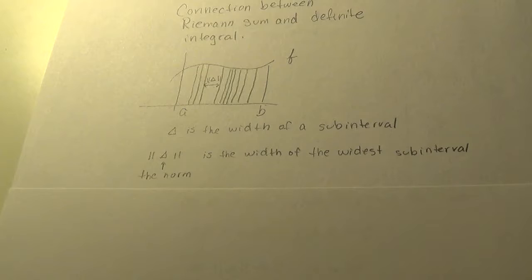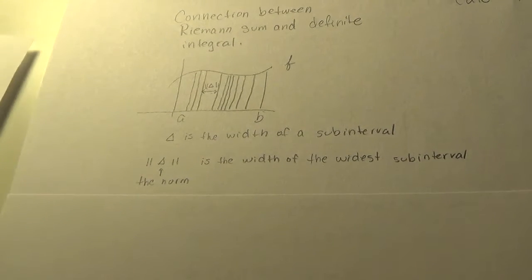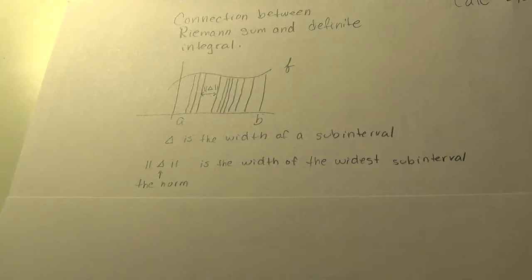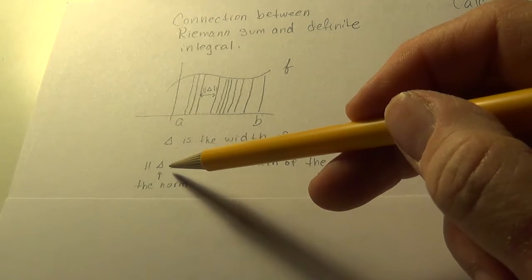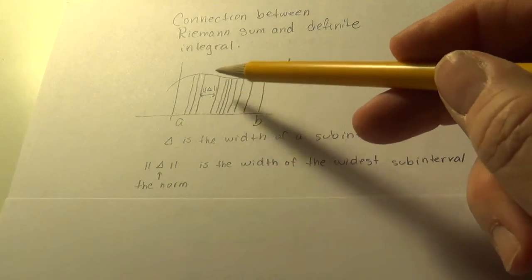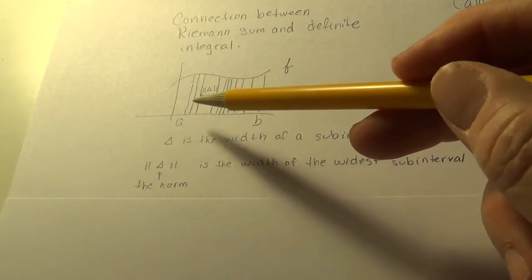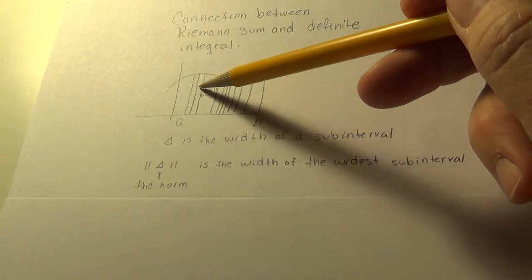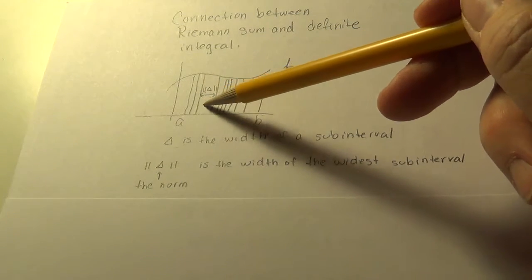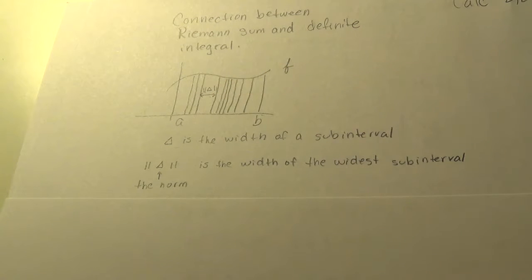So from here we can see that we can actually redefine our Riemann sum as we let this go to what value? As n increases, even though they're different widths, nonetheless, what happens to the width of this norm as n increases?